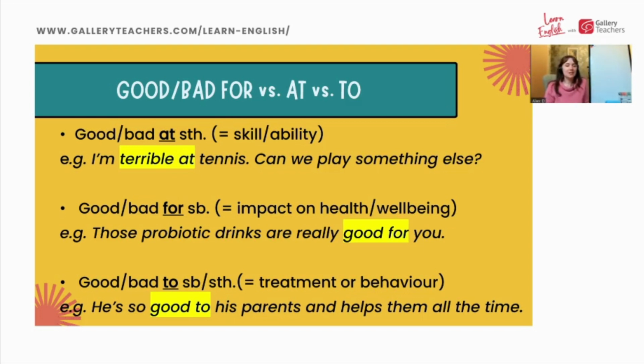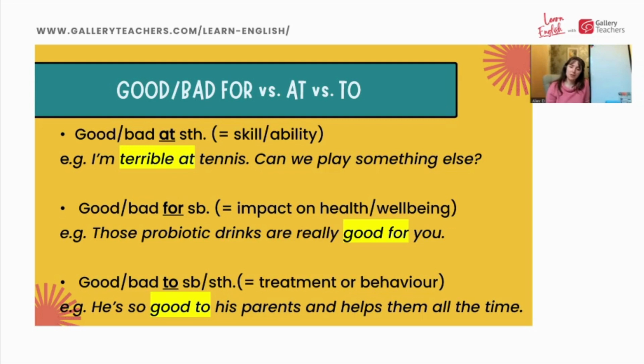So we're looking at the adjectives good or bad for versus at versus to. Do you see what I mean by these different prepositions following these adjectives having a different meaning? Let's have a look at them. You can be good or bad at something, and this relates to skills and abilities. For example, I'm terrible at tennis.